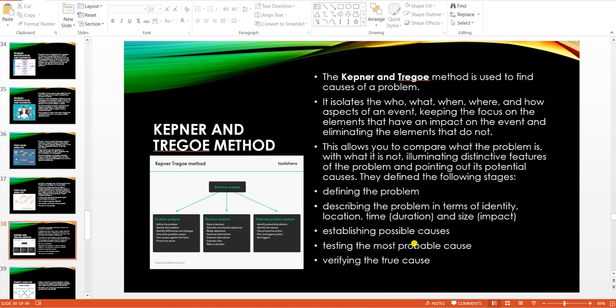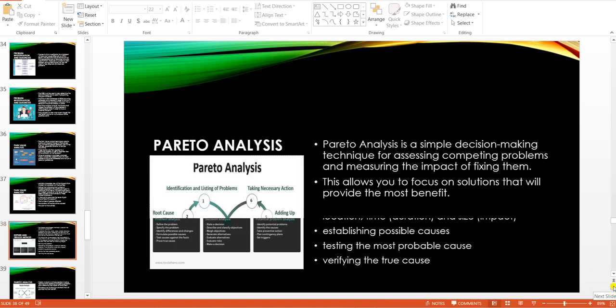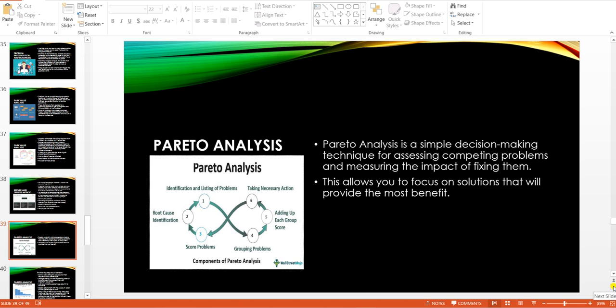So how can we solve that, or have solutions if that might transpire? And also, one of the stages is you need to test the most probable cause, and also verify the true cause.